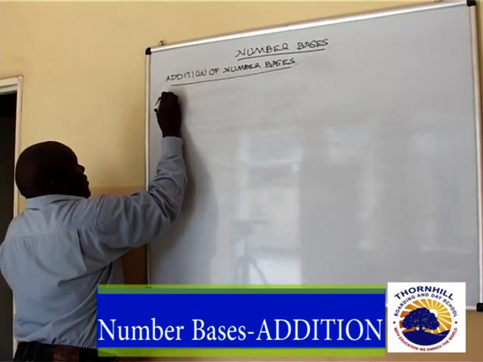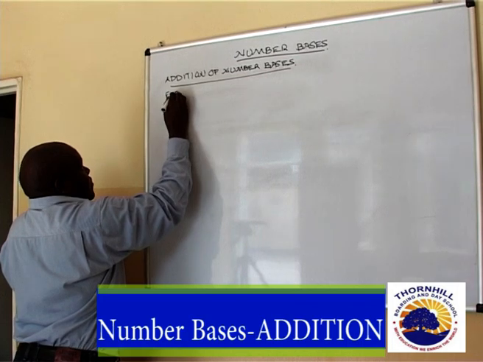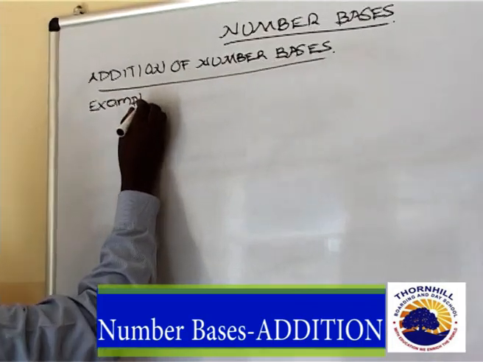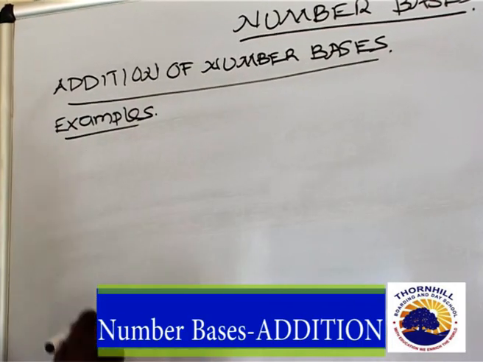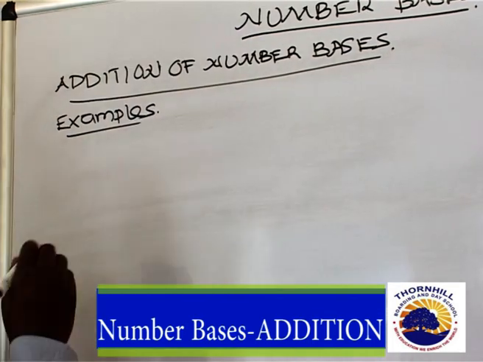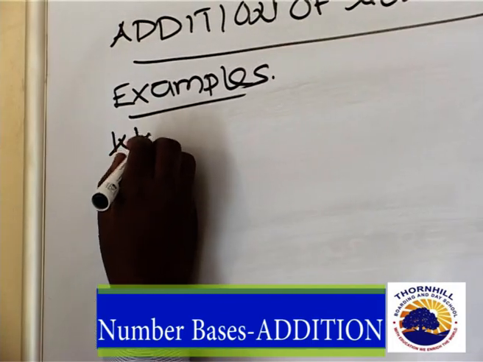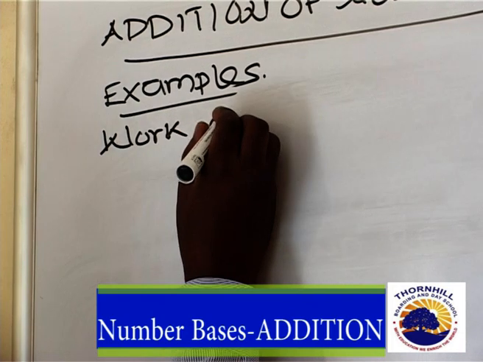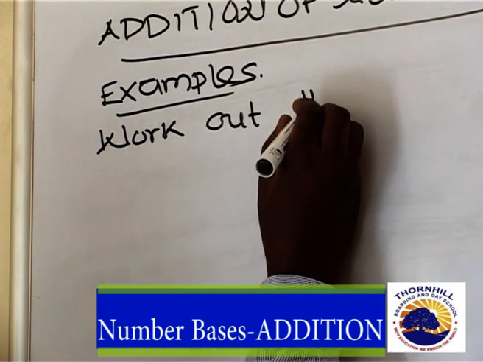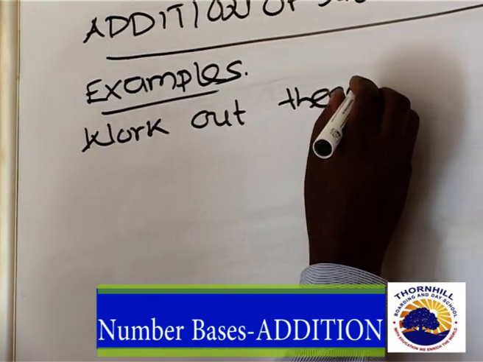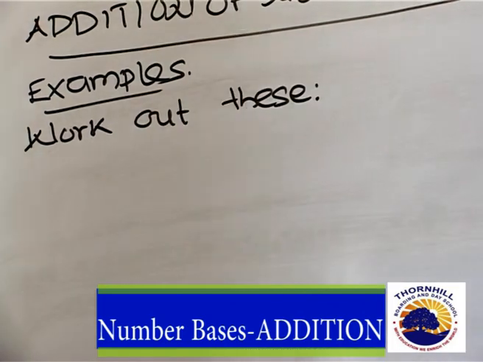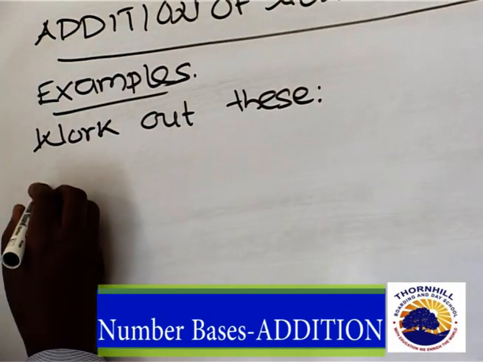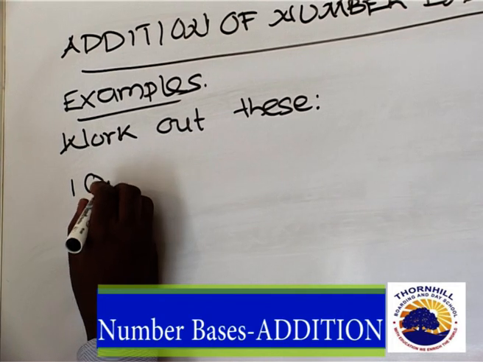Let's look at examples. Work out these. Let's get some numbers. Say 1, 0. This is base 2.